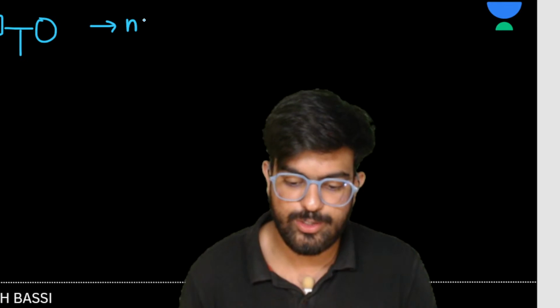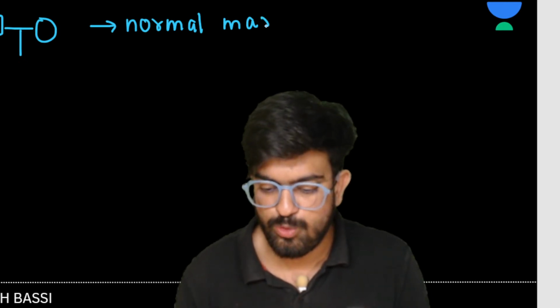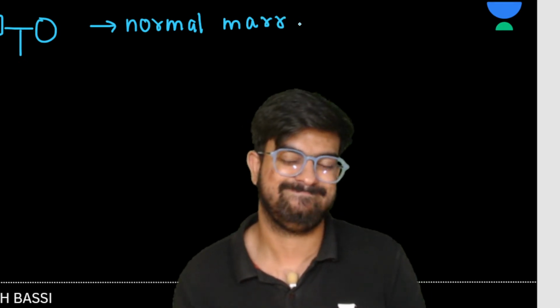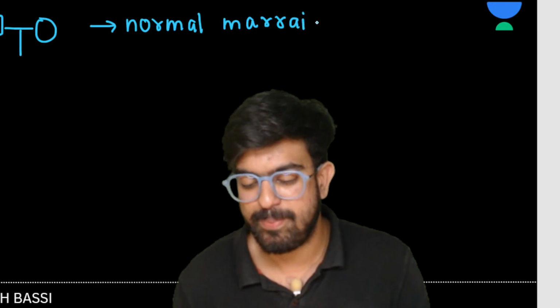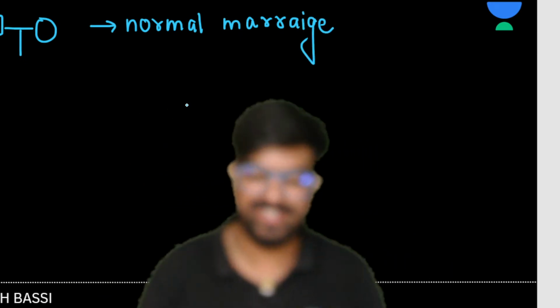So this represents what? This represents the normal marriage. What do you mean by normal marriage, sir? Normal marriage is that kind of marriage where no family drama takes place. No, it doesn't happen. Every marriage has some family drama, right?